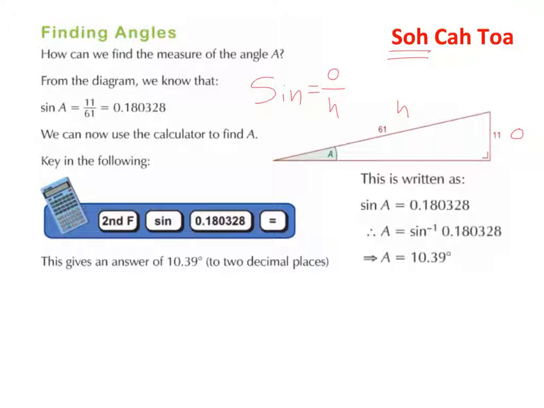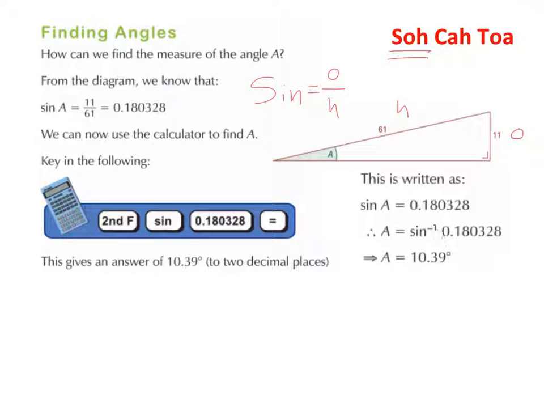So this is written as sine of A equals 0.180328. So A is going to be equal to sine inverse of 0.180328. So angle A is 10.39 degrees.